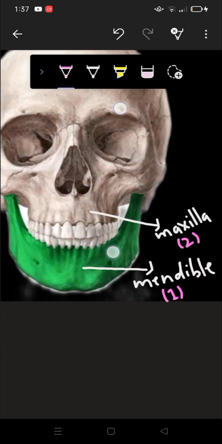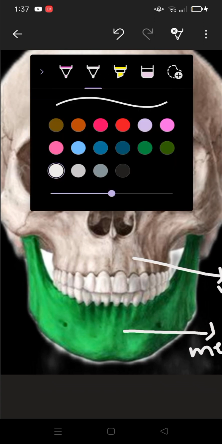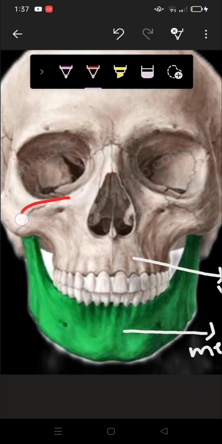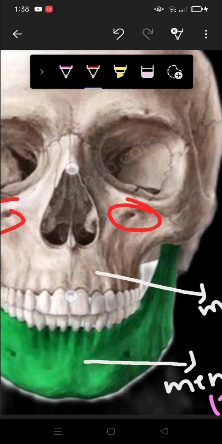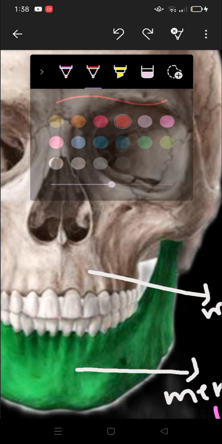One is the mandible. Then as you can see, here we have 2 bones which are known as zygomatic bones, the cheek bones. Let me write that by erasing these 2 circles which I made.